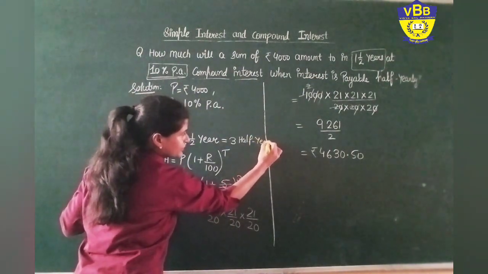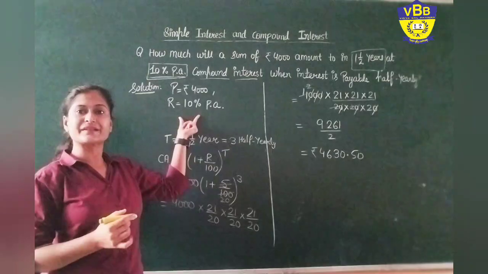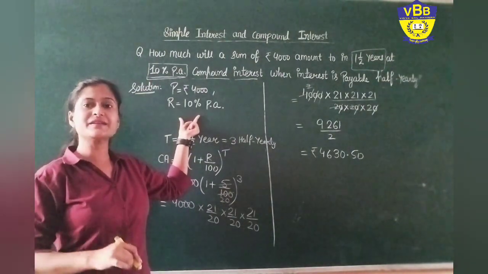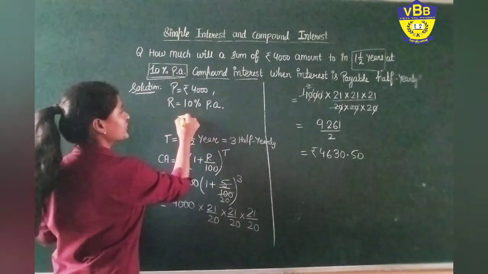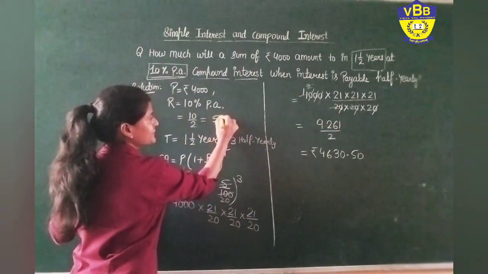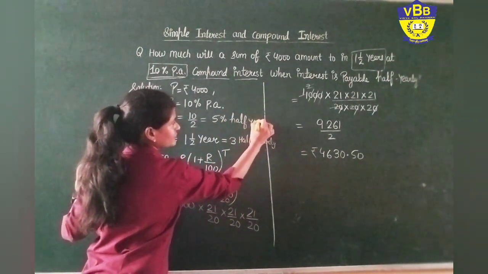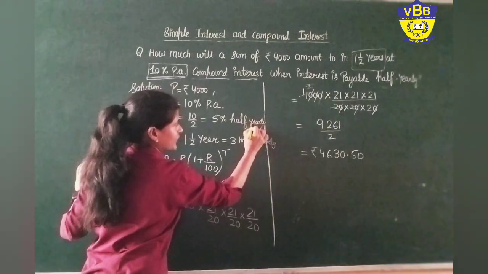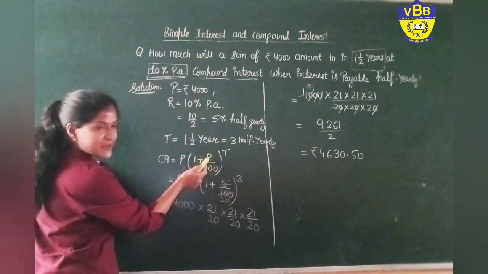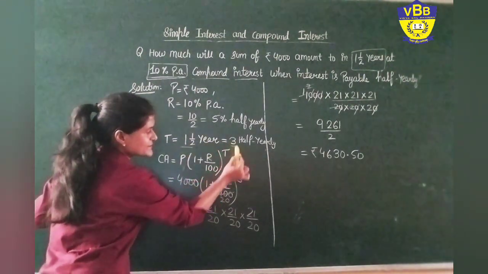This is the rate of interest per annum. If we take half yearly, the rate of interest will be divided by 2, so it will be 5% half yearly. We put in place of r the value 5, and in place of time period, 3.